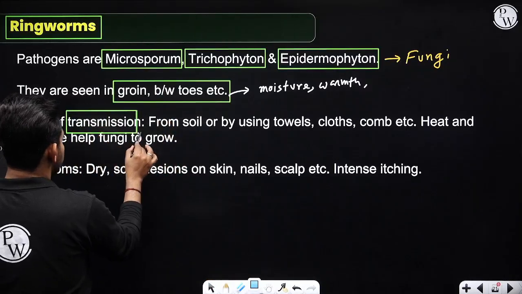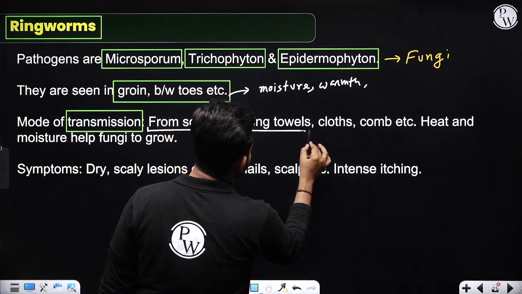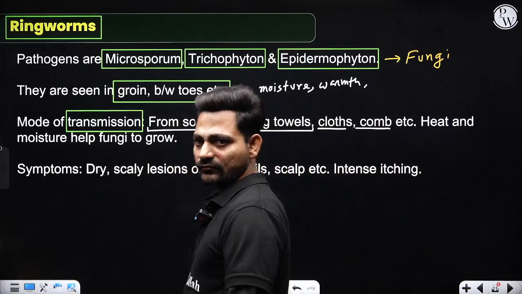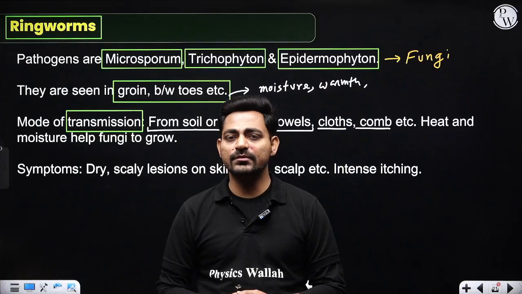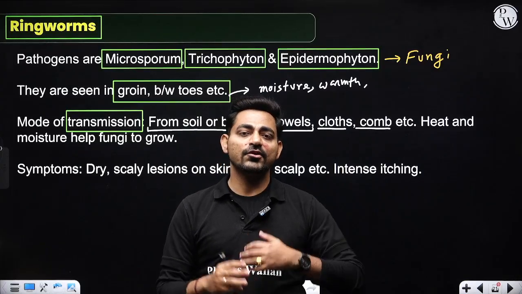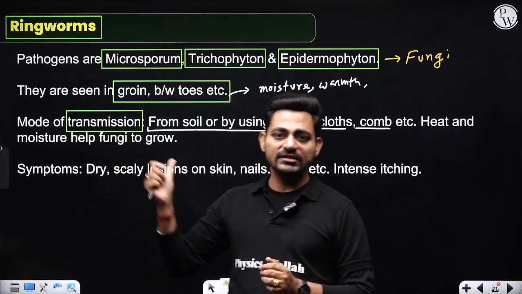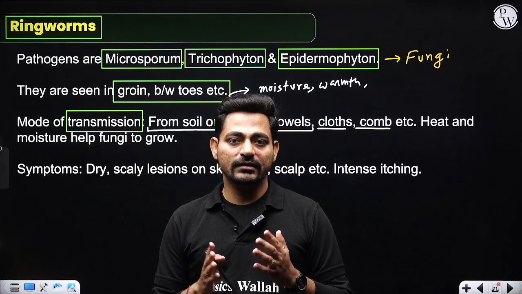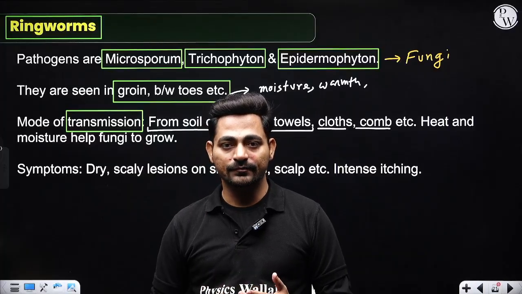Mode of transmission: from soil, or by using towels, clothes, combs. Soil is a reservoir of multiple pathogens. So if you are playing with raw soil and not washing your hands properly, the spores of these fungi will get inside your body and start attacking your skin.